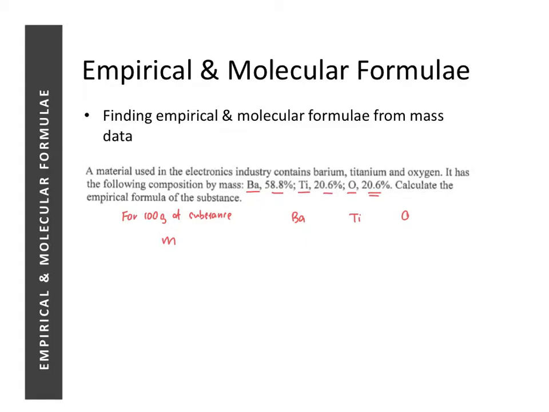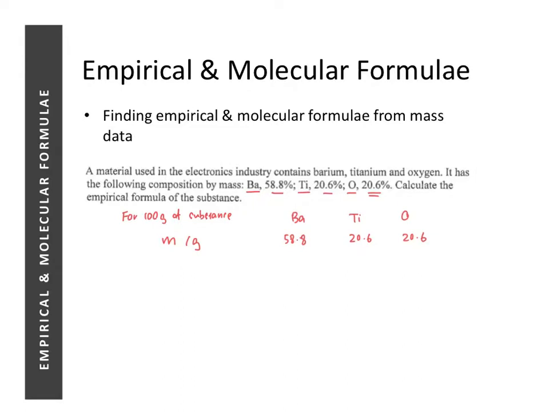If 58.8% of it is barium, I will have 58.8 grams of barium. I have 20.6 grams of titanium, and I have 20.6 grams of oxygen.